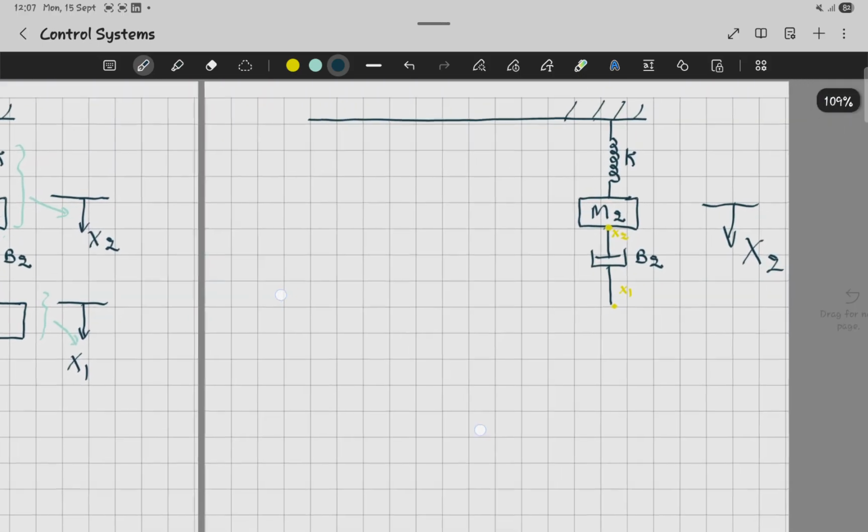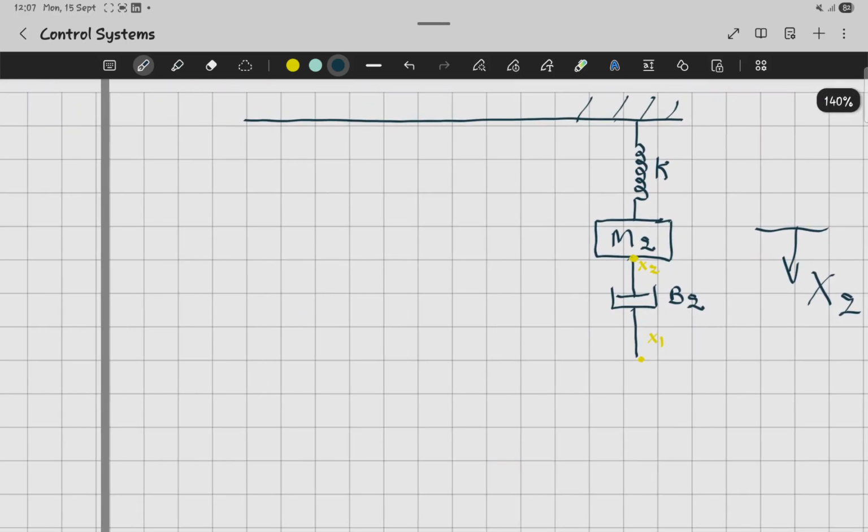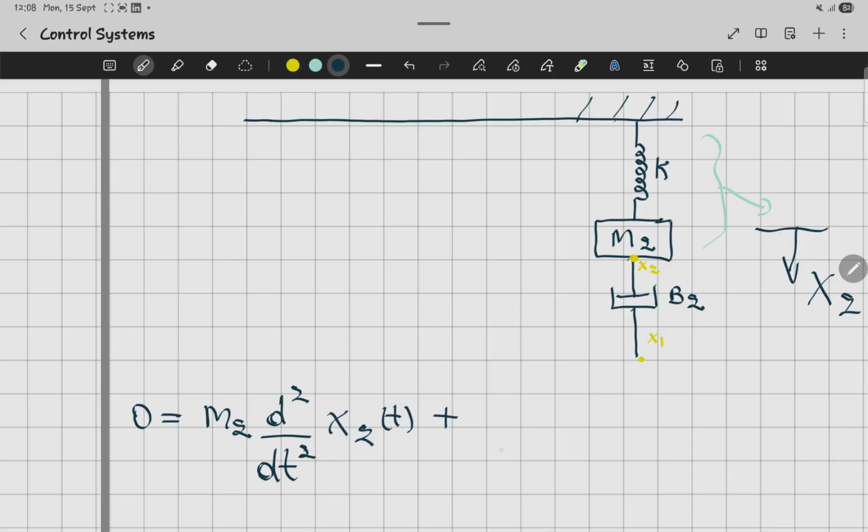Now when you go to this one, it's gonna be slightly similar. Remember that we said this one is based on x2. Since we don't have Ft, we're going to write 0 equal, we start with m2 d square dt square times x2 of t plus, let's start with the spring, it's going to become times x2, which is easier. Now we go for b2, which is going to be d dt.